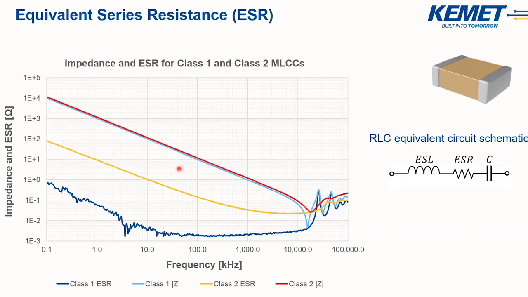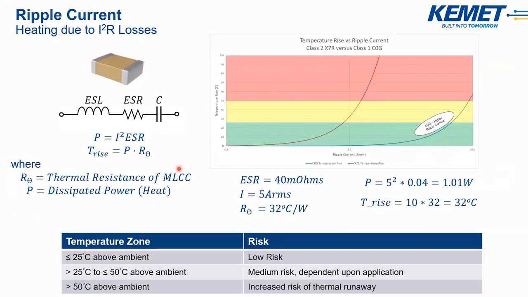So one of the key factors that's influenced by ESR is the ripple current. Now, as current increases, I²R losses cause heating in MLCCs, and high enough currents will cause thermal runaway and eventual failure of the MLCC. Power is dissipated in the MLCC based off the I²R losses, and you can calculate, based on the ESR and current and the thermal resistance of the MLCC, what the expected temperature rise is based on your conditions.